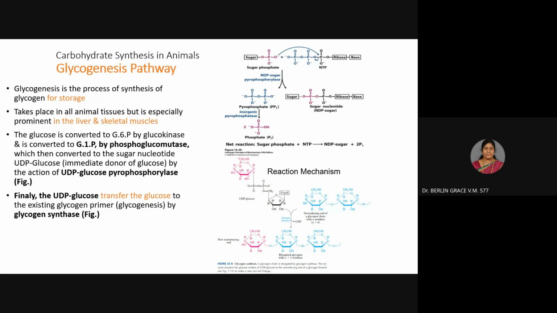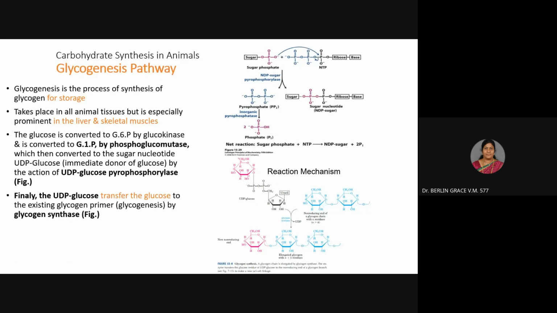So glycogen storage, in the last topic, we have seen that it is stored mostly in the liver and skeletal muscle. So glucose is converted into glucose 6-phosphate by glucokinase. So here in the liver, instead of hexokinase, we have the glucokinase.